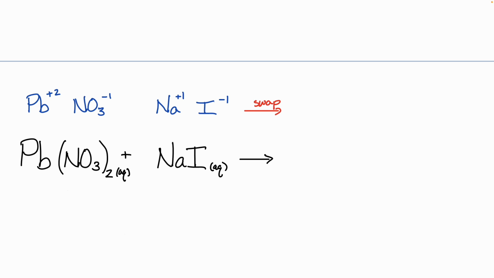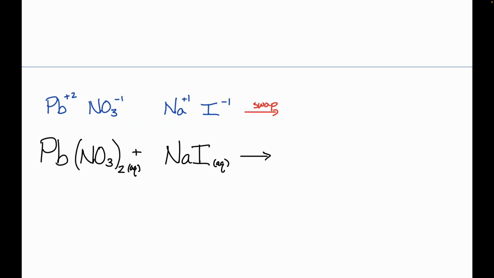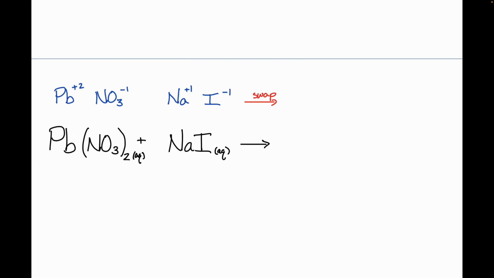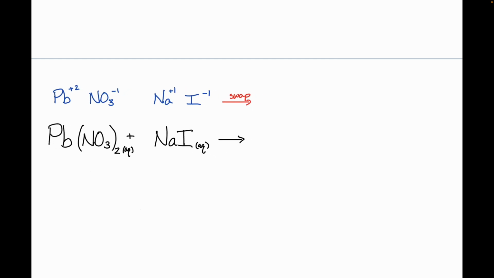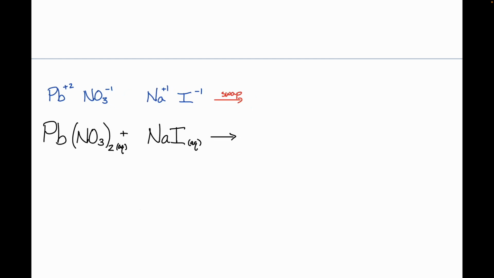I'm going to put my sodium with which ion up here? The nitrate. And the lead is going to go with which ion? The iodide. Let me make some room. I can tell I'm about to run out. All right, so I'm going to pick up and swap my sodium and my lead.